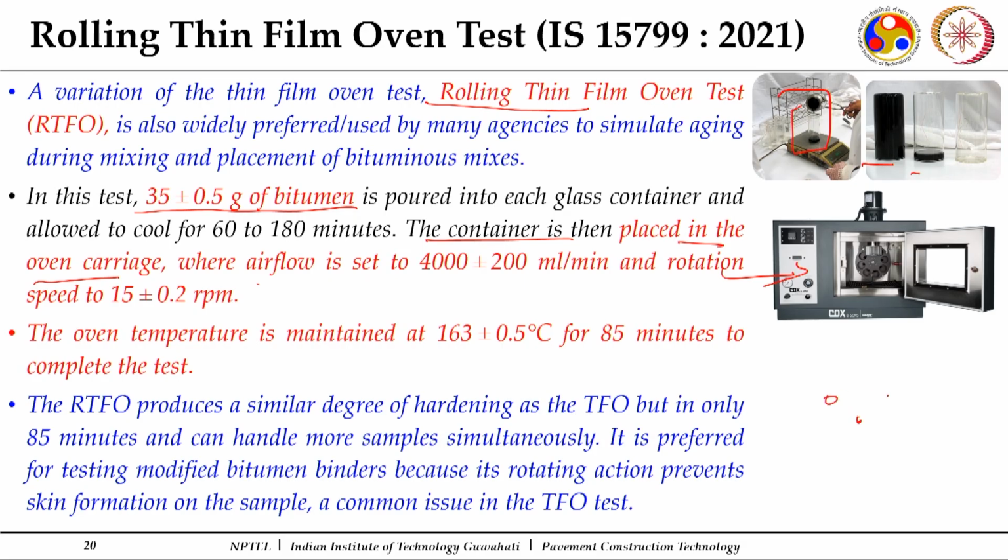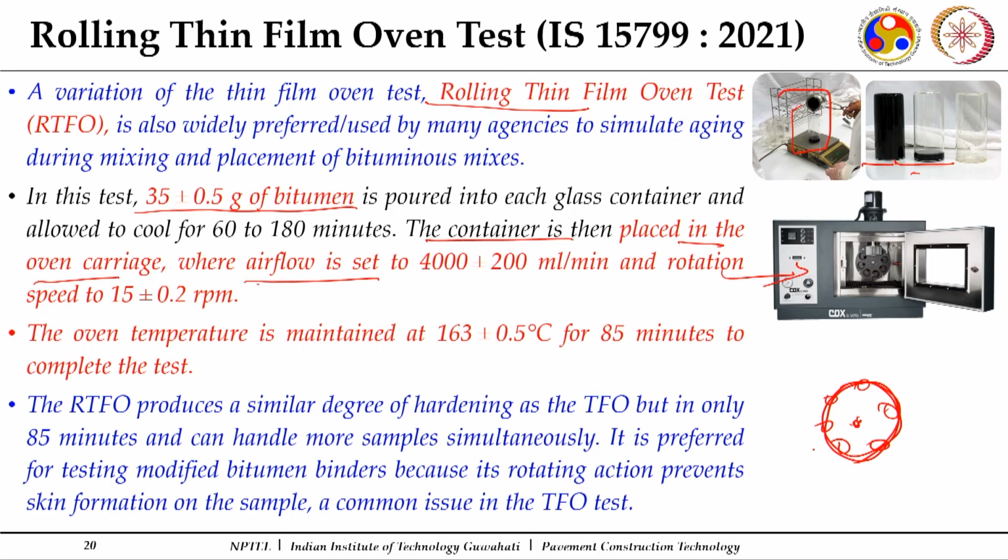So, you will place these cylindrical bottles in this particular manner, and they will rotate along this axis. Now, when it rotates in this particular manner, the chances of any film formation which was there in the thin film oven test get reduced, and along with it, there is an air flow which will be projecting.